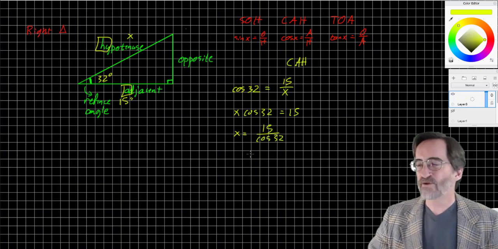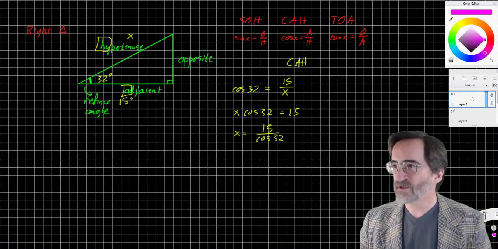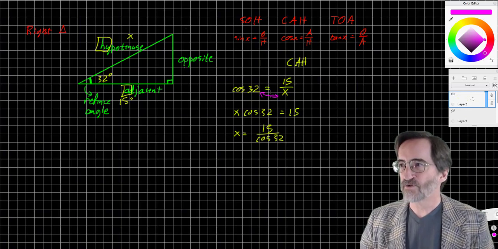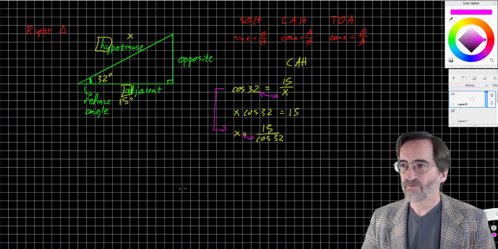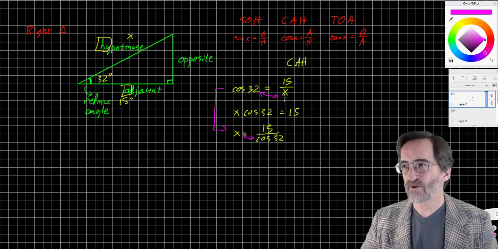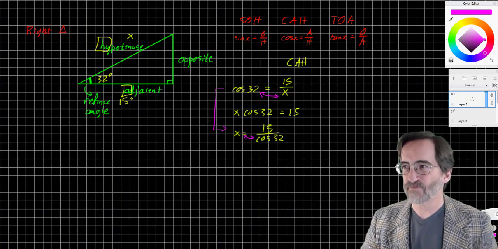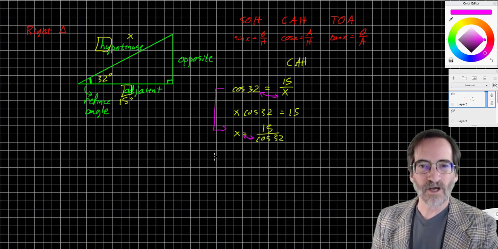If you do this a few times, you'll notice every time the x is in the denominator, we just end up switching these two. The cos 32 and the x trade places. So feel free to do that in one step if you like. When x is in the denominator, switch places. But in essence, you're doing these 2 steps. You're multiplying by x, you're dividing by cos 32. And then reach for a calculator.